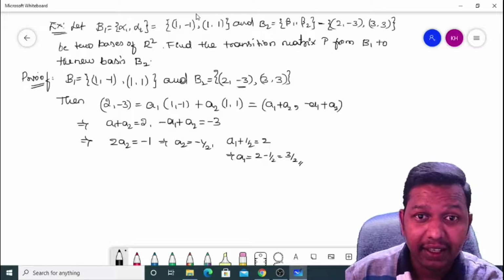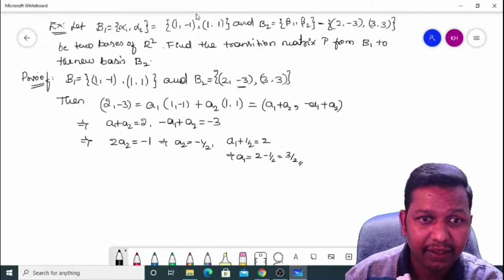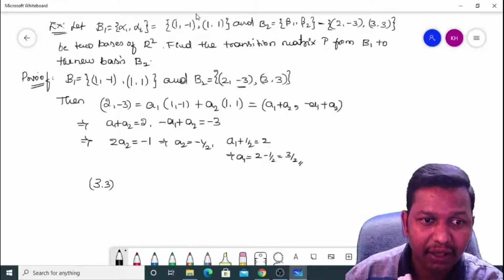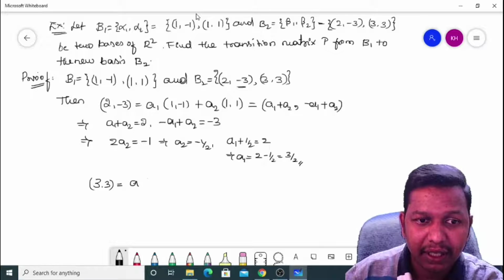Similarly, take the second element of B2, that is (3, 3), which equals A1 times (1, minus 1).